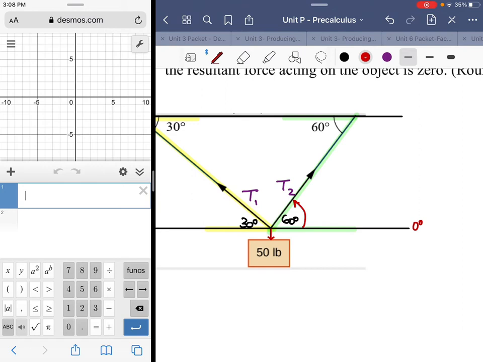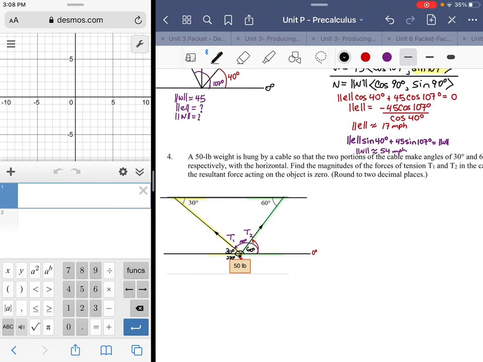If we're assuming that this is 0 degrees, we know that this is the 60-degree angle. That's easy enough. This one would be 150. And so if we're going all the way around, we can go back 90, or we can go forwards 270 degrees.